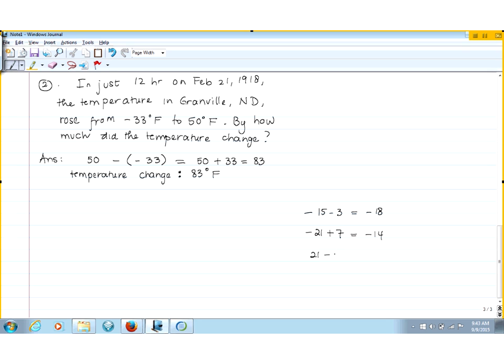What is 21 minus 8? 13. So can you guys do it fast? What is negative 7 minus 6? Negative 13. What is negative 8 plus 2? Negative 6. So if you could do it fast, then you don't have to change it to addition with the opposite. The most important thing is you're able to do it fast.